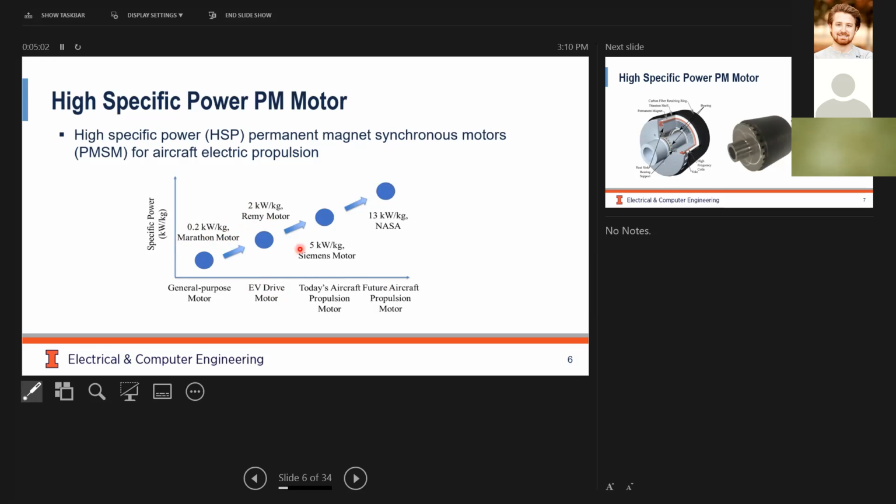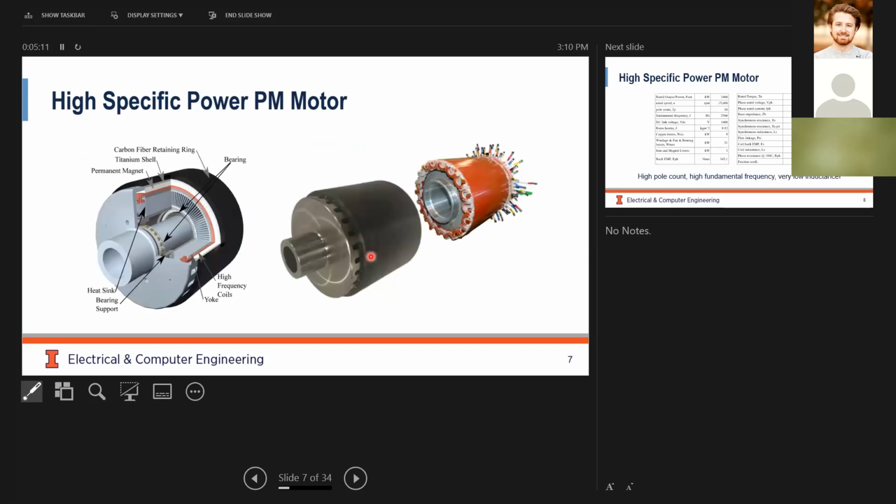So it's an order of magnitude lower than the target of 13 kilowatt per kilogram. So we developed this motor to meet NASA's ambitious goals at that high power level and high specific power target.